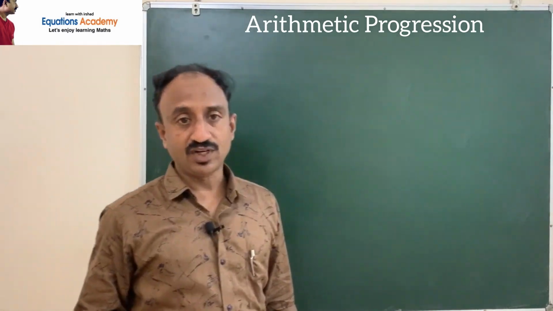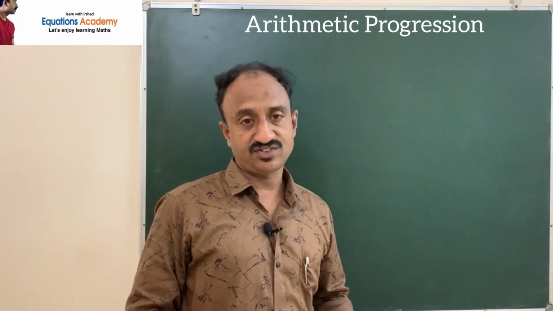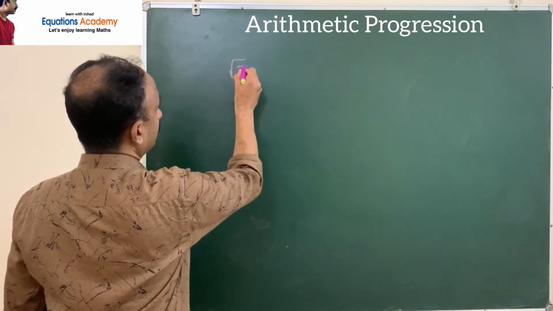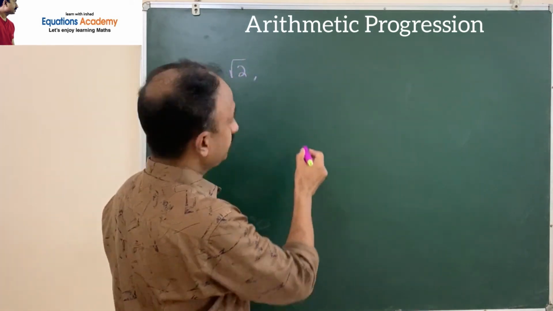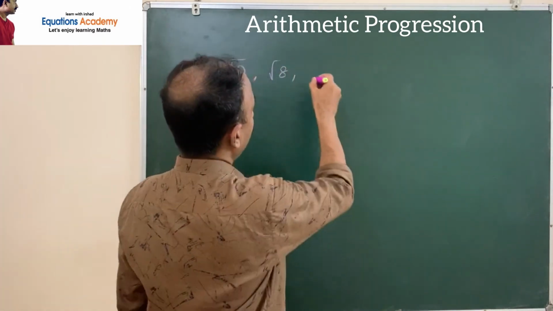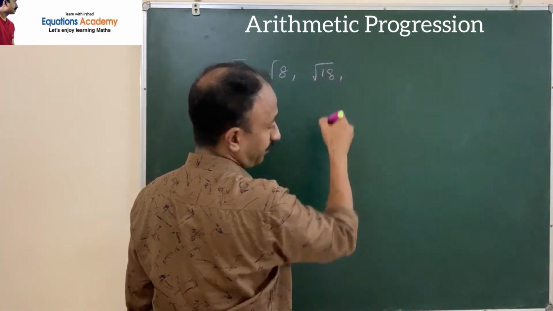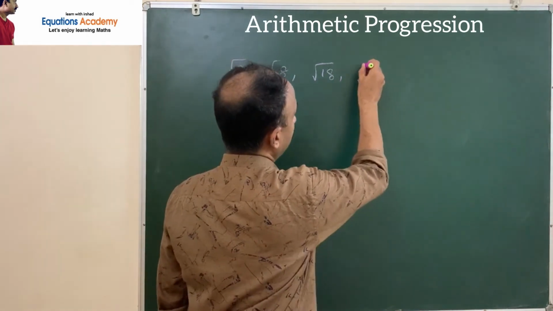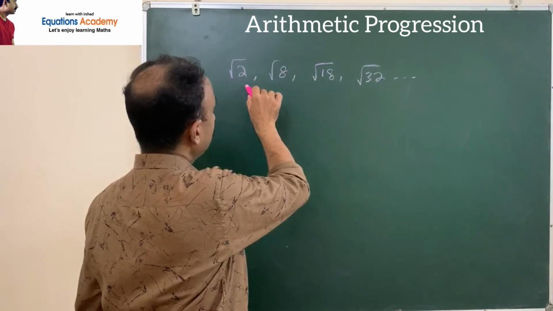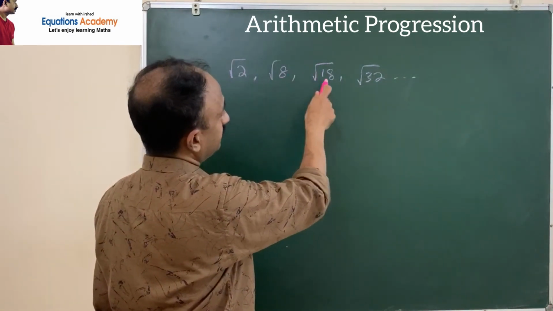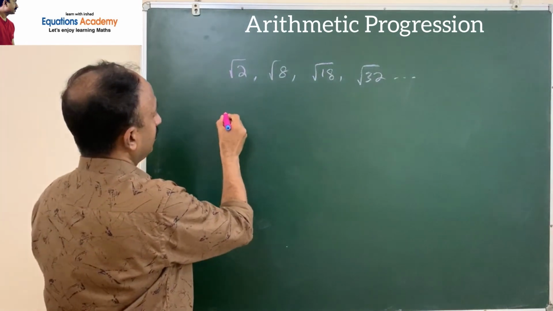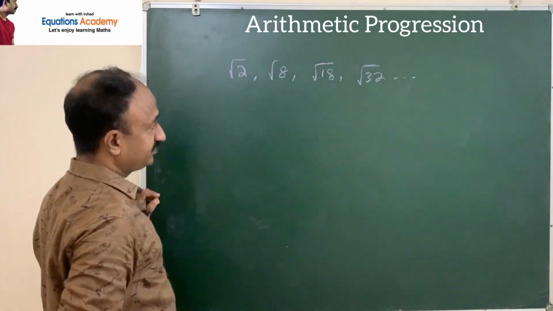Let's do the 12th question. In question number 4, 12th sub question, it is root 2, then root 8, root 18, then root 32, etc. First term is root 2.